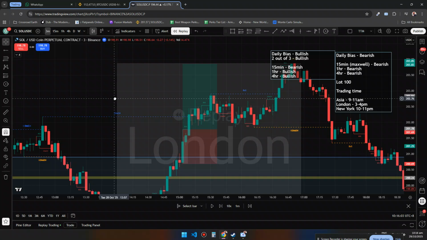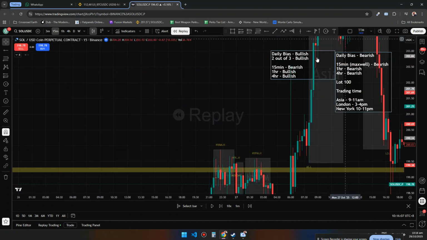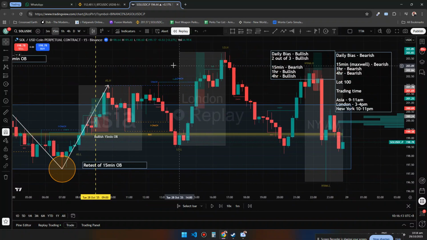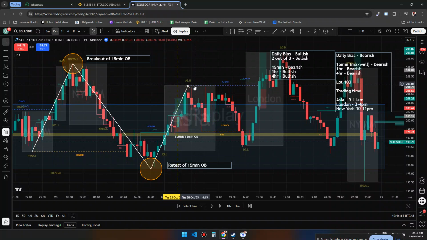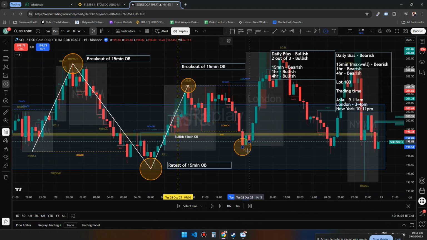Then the next one is London. So before London actually started, right? So I'll do another analysis. You can see that price again break out of the 50-minute OB. And then what happened to the price again?